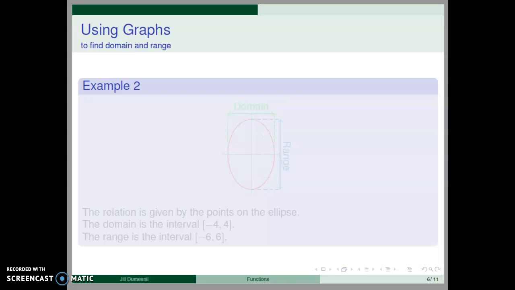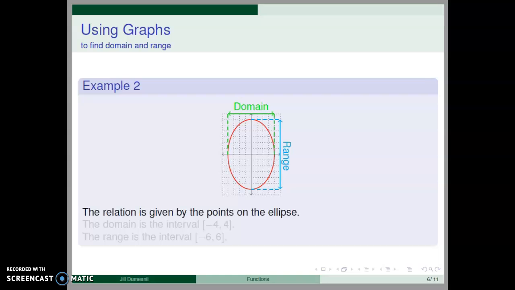Let's consider a second example in which the relation is defined by a graph. Suppose that the relation is defined by the points on the given ellipse. We can find the domain and range by considering which x-coordinates and y-coordinates, respectively, are used in the graph of the ellipse.